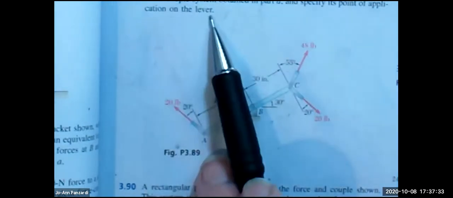Okay, I need to go on because I want to do force location problems. Part B of this says determine the single force that's equivalent to the force couple system obtained in part A and specify its point of action, right? And we're looking for the perpendicular distance. So remember, for a force location problem, first step, find the resultant force, which we already found, it's 48 pounds.